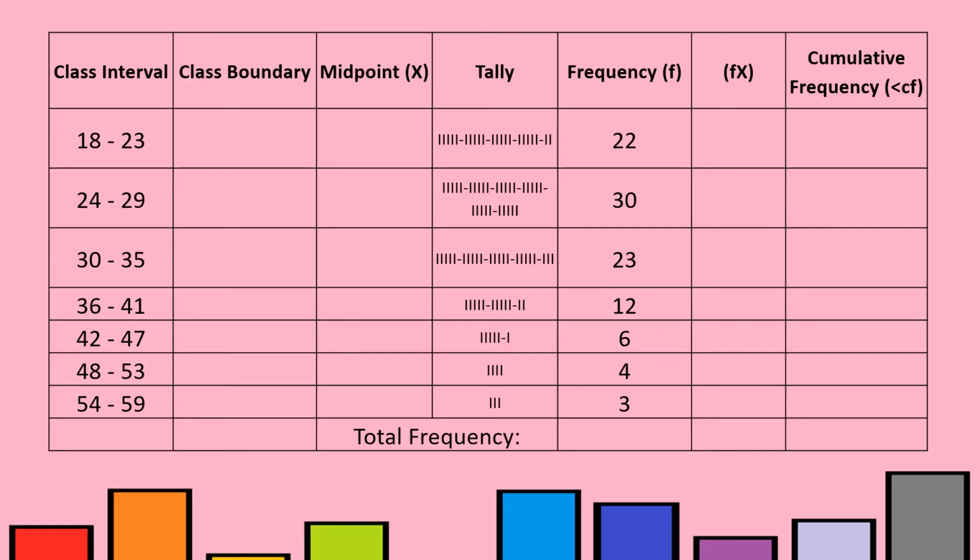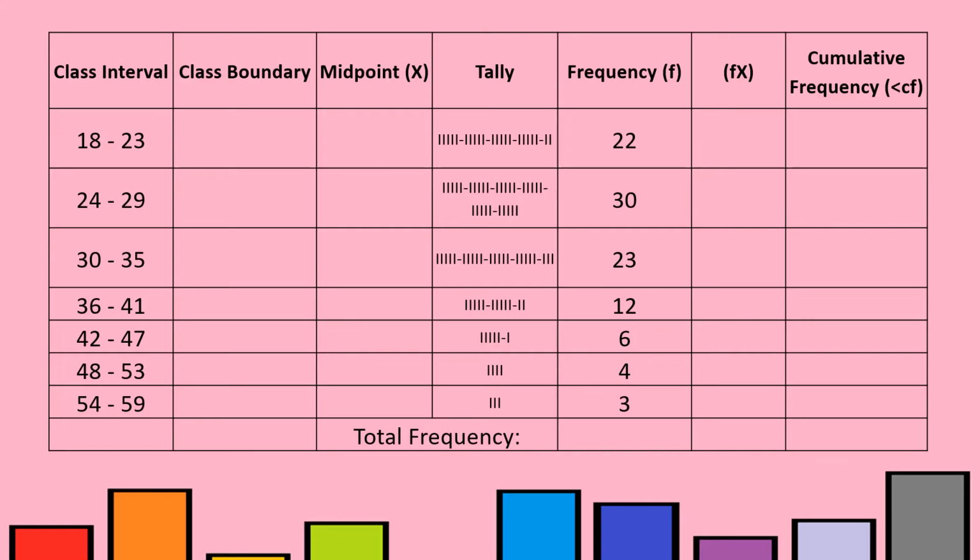So let's try to solve or complete this table. This is an example of a frequency distribution. The given are the class intervals or the values, starting from 18 and then up to 59.